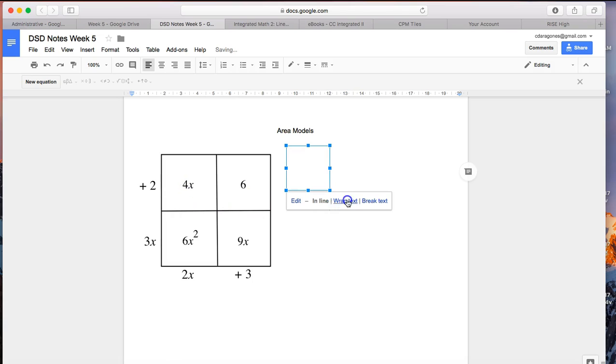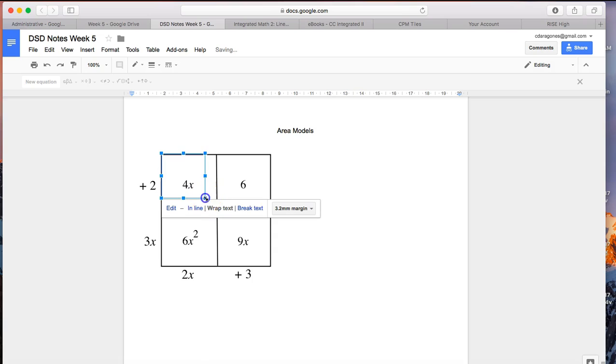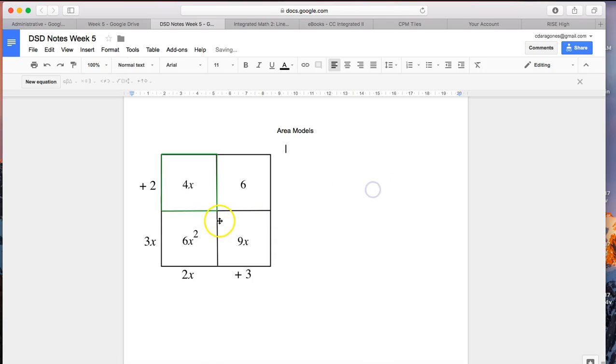This square right here has an area of 4x, which means you can have a length of 2 and a width of 2x, because when we multiply that together, looking at the square with area 4x, length times width, we can do 2 times 2x, which is equal to 4x.